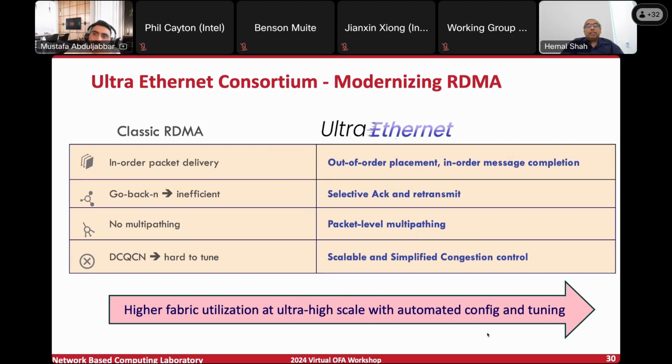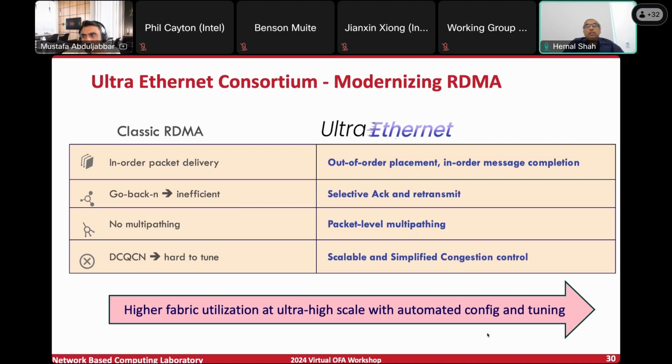And the last thing is congestion control, which was not fully standardized in RoCE v2. With Ultra Ethernet, it is taking the lessons learned from DCQCN, which is hard to tune and still is being deployed today in volume, to come up with more scalable and simplified congestion control. It supports both receiver-based and sender-based control, or some combination.